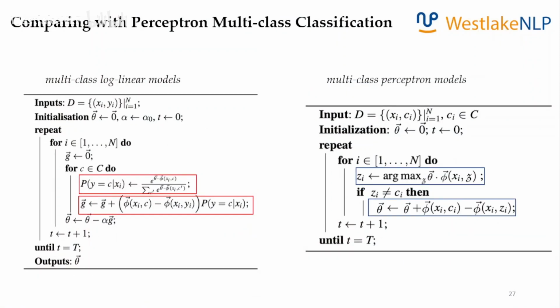The two algorithms are very similar. Both of them use the difference between the gold feature vector and the incorrect feature vector to update the model. But the perceptron algorithm is again very decisive. It only samples the highest scored negative output.